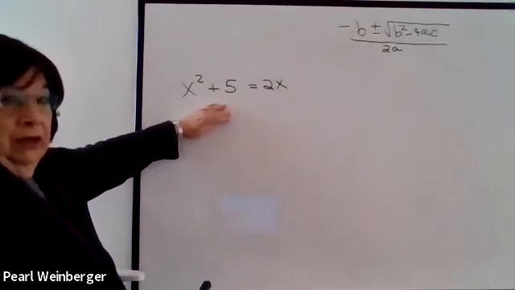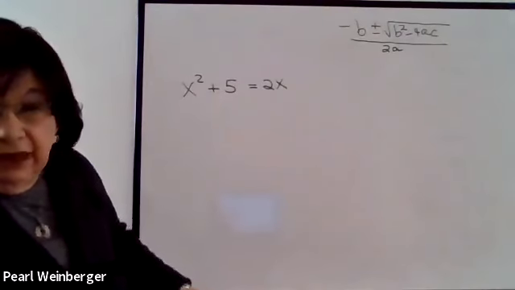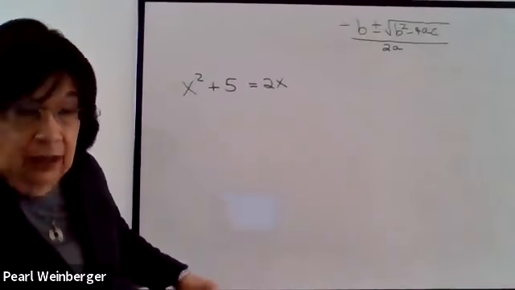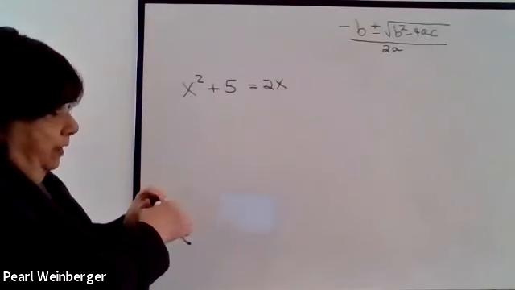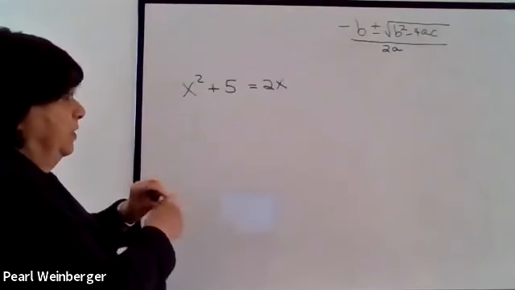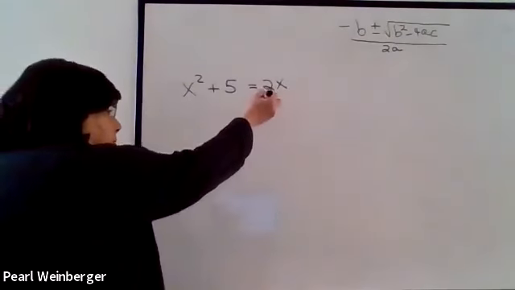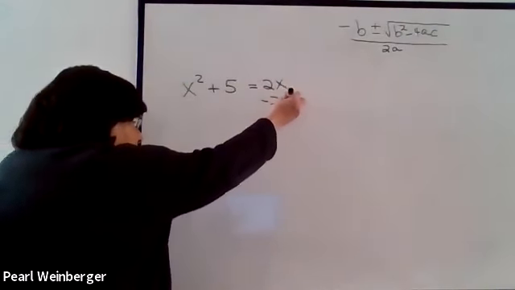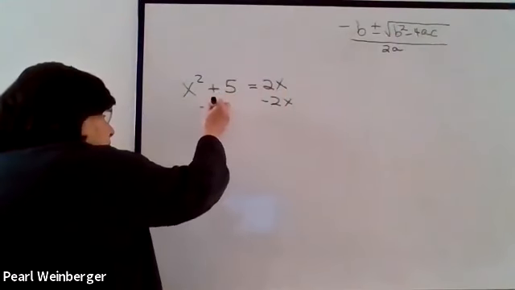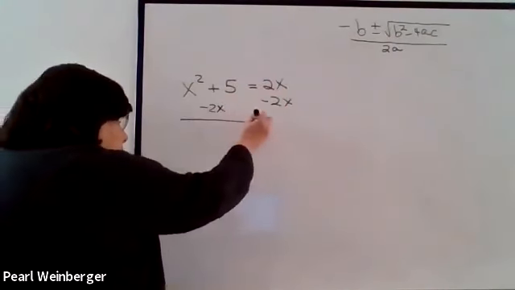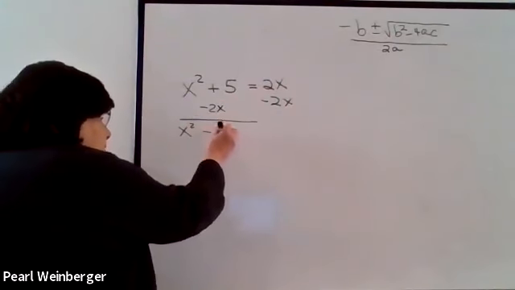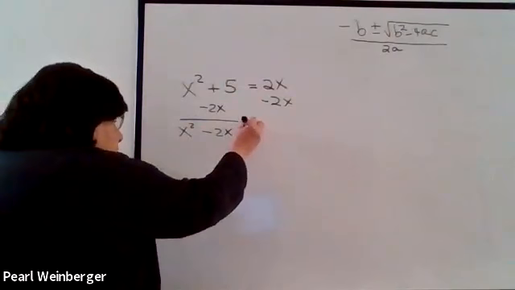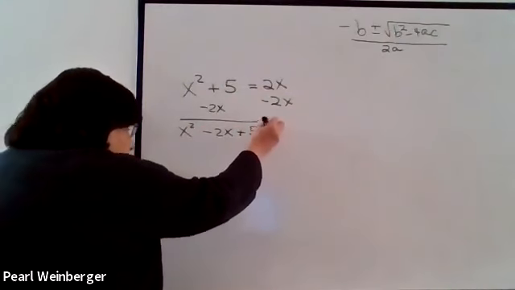Obviously, it's a quadratic equation because it has an x squared. And we want to get it in the standard format where we have everything on one side equaling 0. So I'm going to take this 2x and bring it to the left here, and arrange the terms in order so that I have x squared minus 2x plus 5 equaling 0.